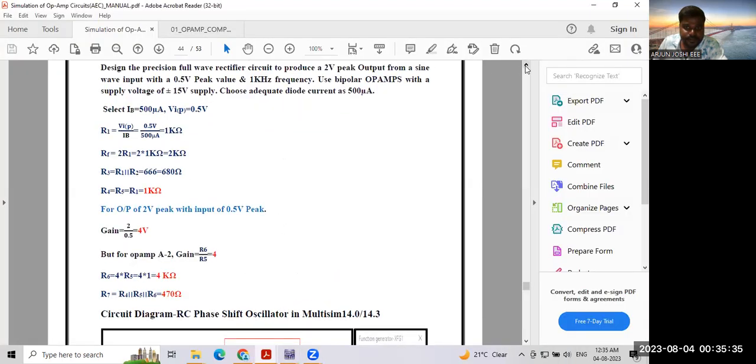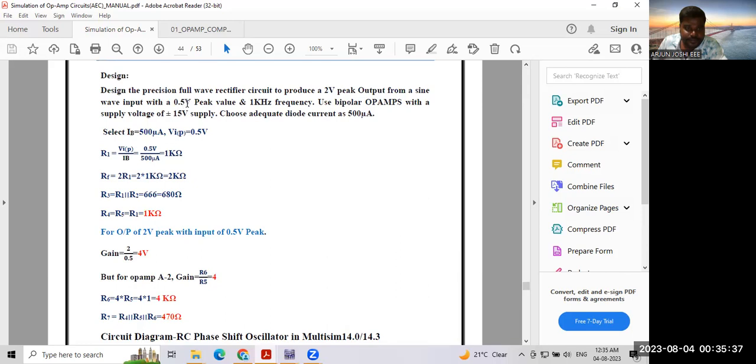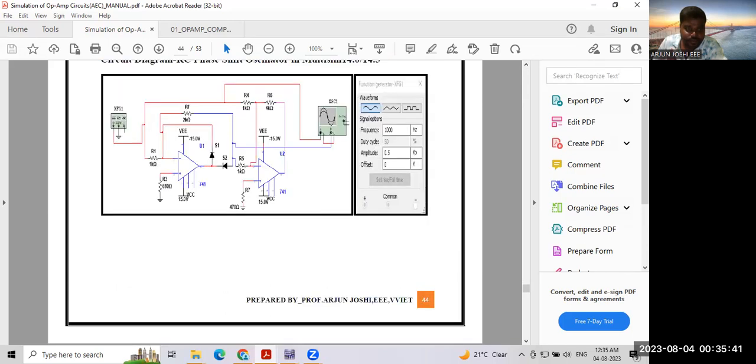Observe here, input 0.5, output 2. In between, at VB I'm going to get 1 volt. Okay, thank you so much. This is how we need to simulate the precision full wave rectifier and check the output.